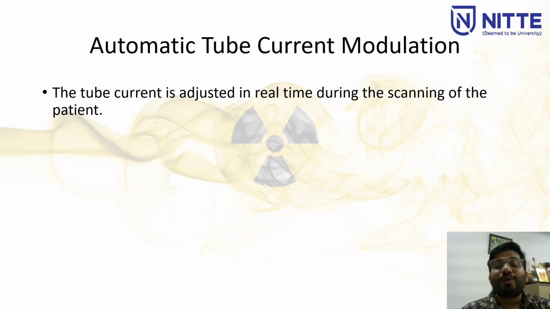Why is automatic tube current modulation important? It helps reduce unnecessary radiation exposure, and also maintains uniform image noise. It helps compensate for patient body habitus, for example higher BMI cases, with higher MA wherever required. Accordingly the MA will be modulated.